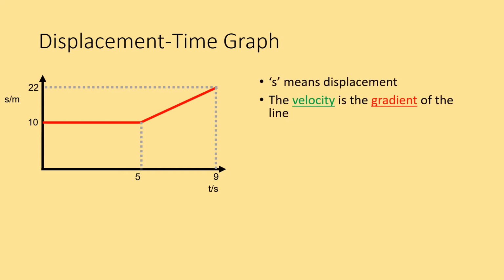Okay. So the velocity of that object is the gradient of the line. So we can see that displacement is 10 for the first 5 seconds, it's not moving anywhere. If you take the gradient of that line, it's a horizontal line, the gradient is going to be 0, which is what you expect. It's not going anywhere. The velocity is going to be 0.